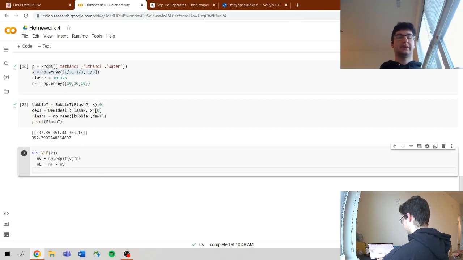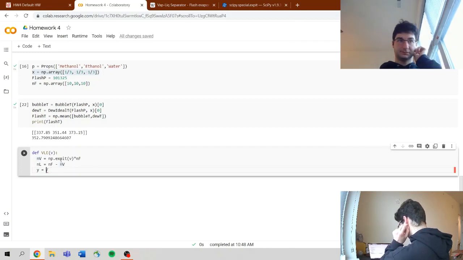Okay? So now that we have those two, let's look at calculating our x. So our x is our molar fraction in a liquid. Let's do y first. Y is easier. So y is the molar fraction in a gas. That's just NV divided by NF.